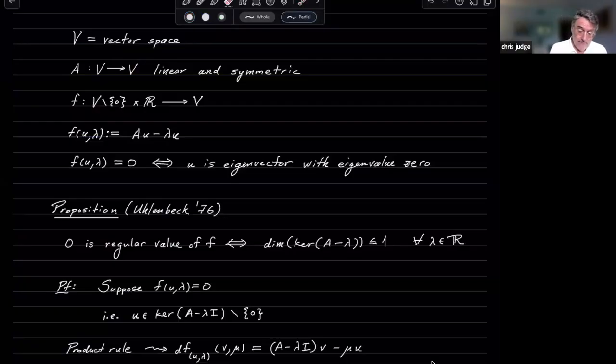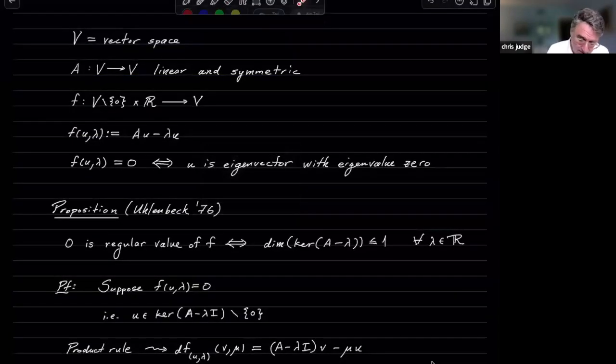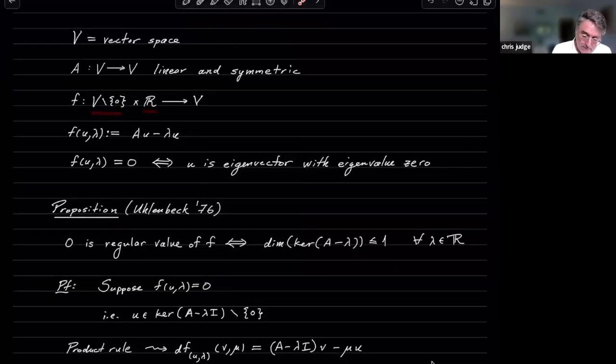You take that space and then you cross it with R. R is going to represent eigenvalues, and you define f of u, lambda to be Au minus lambda u. That's the thing we were interested in, and in particular, we're interested when that can be 0. By the way, this is a nonlinear map. It's a differentiable map because lambda times u is not linear itself. So the eigenvalue problem is a nonlinear problem.